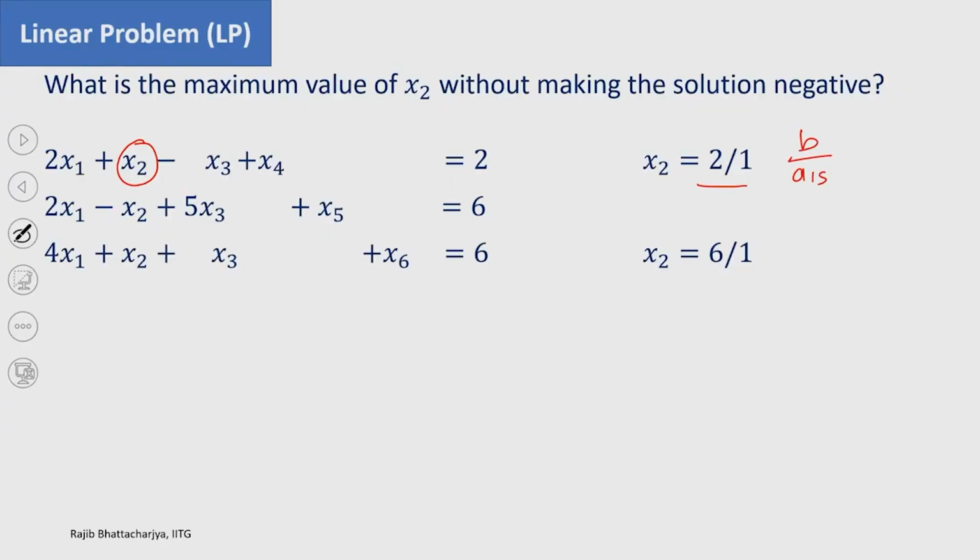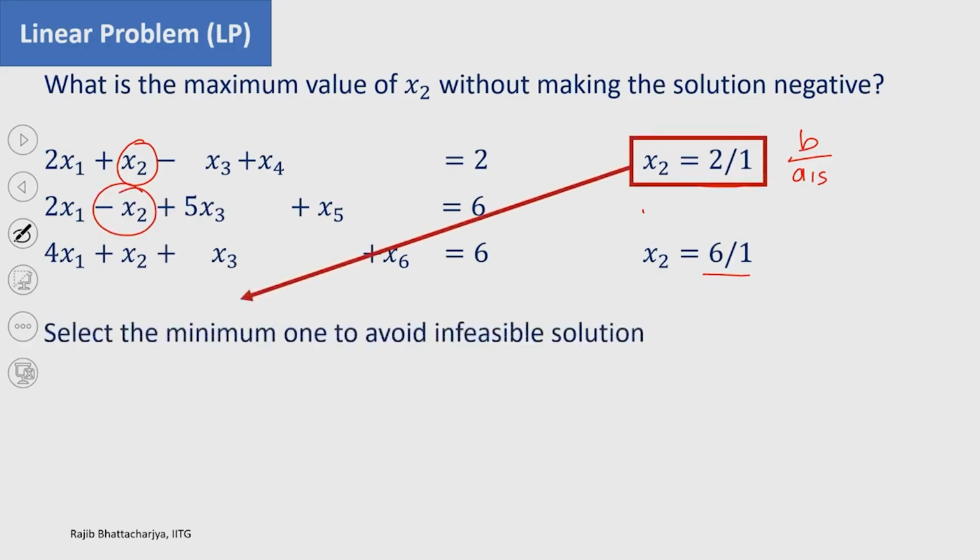This is the incoming variable x 2, and the coefficient of x 2 in the first equation is 1, so b by the coefficient of x 2 is 2 by 1 in this case, and here it is 6 by 1. The coefficient of x 2 in this equation is negative, so as I said, we will get an unbounded solution. Now, the rule is to select the minimum one, because if we select this one, then we will not get any negative value of the variables. So, select the minimum one to avoid an infeasible solution.